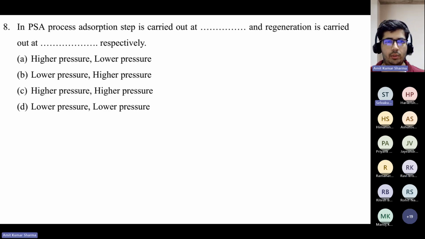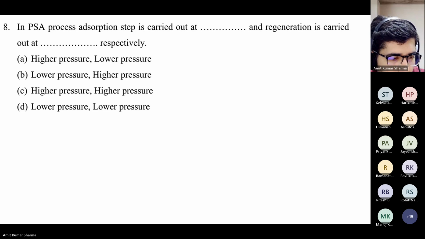In the adsorption step, we apply higher pressure with a material like a molecular sieve. If you are using biogas upgradation, then they use zeolite. So different kinds of methods are there, and as per the purity, you can change the number of towers and also the pressure.